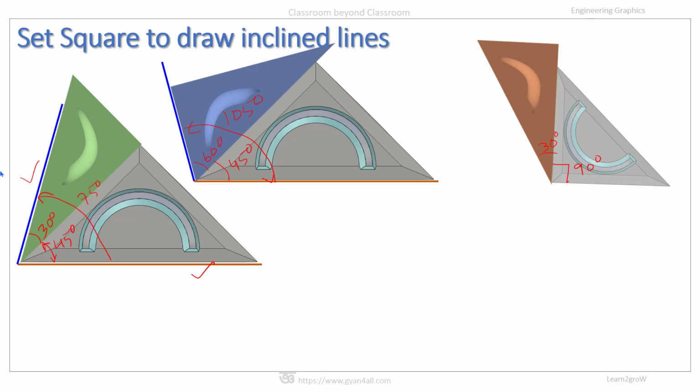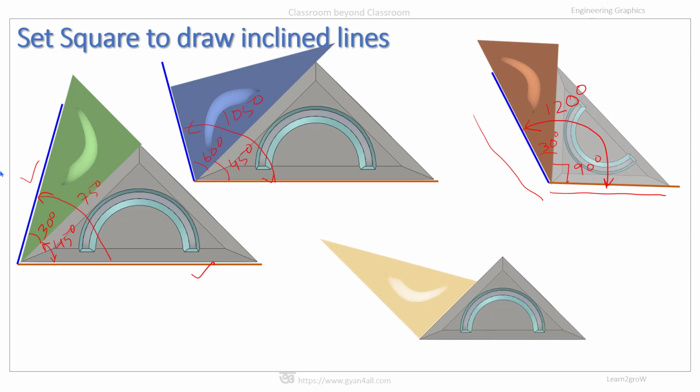So the total angle will be equal to 120 degree if we draw like this. This way we can draw a line at an angle of 120 degree. One more example. This is 45 degree and this is 90 degree. So the total is 135 degree.